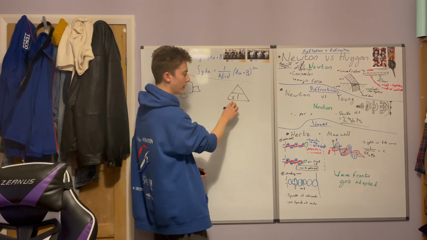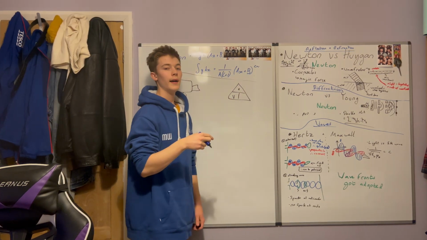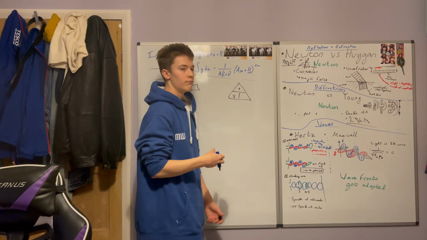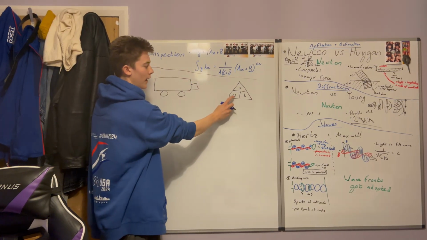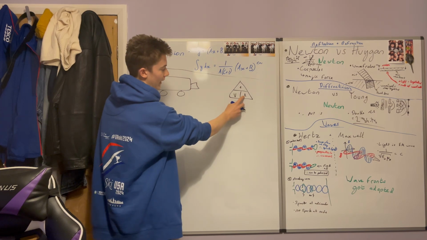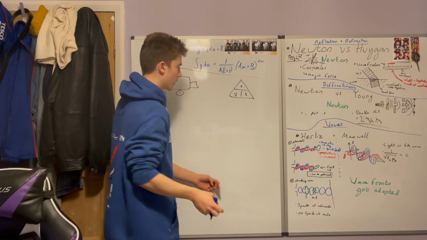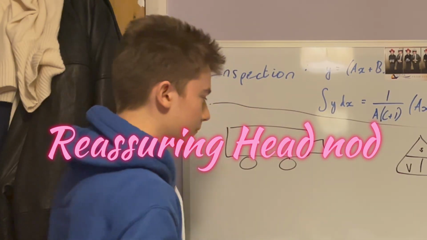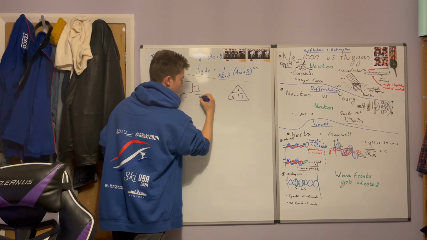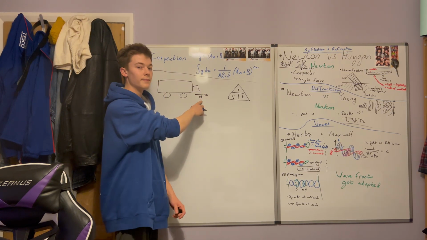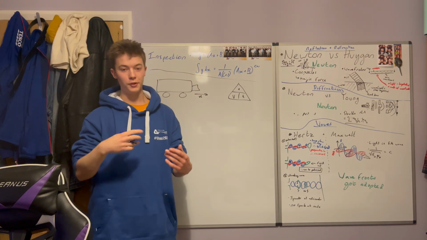You've got V, which is speed, and then distance, which is weirdly S, and then you've got T. So speed is meters per second, time is meters divided by meters per second. This truck travels a distance of VT. I'm just going to write it as VT, you'll understand why in a second.